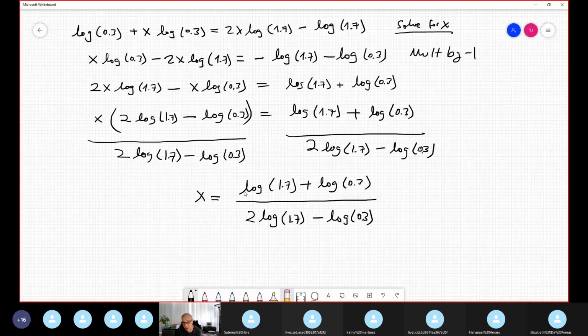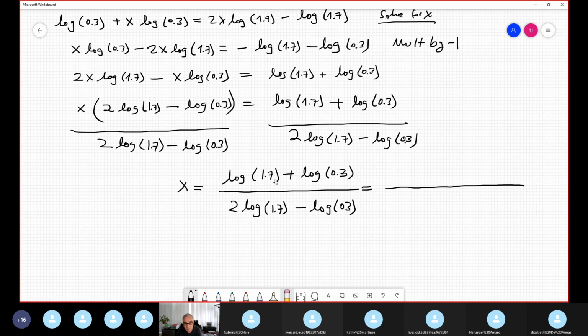This is perfect. We can put it in a calculator like that. However, I highly recommend doing one process first, which is condensing. That way you don't put two logarithms in the calculator, only one. So I condense these two logarithms in the top into one, using property number 5.